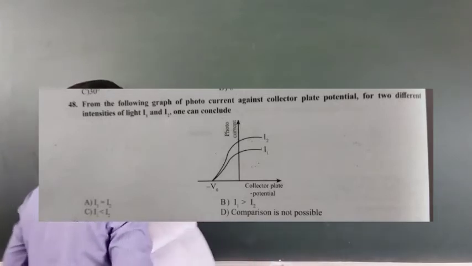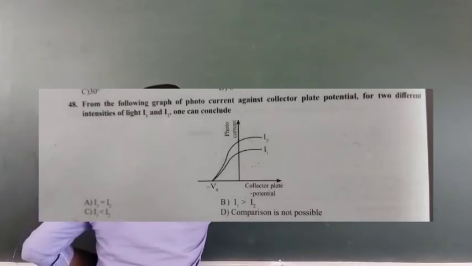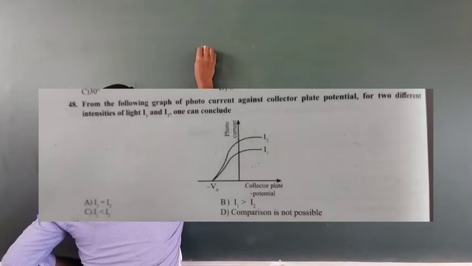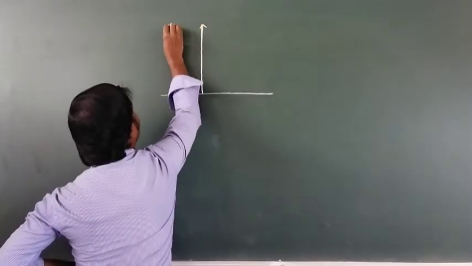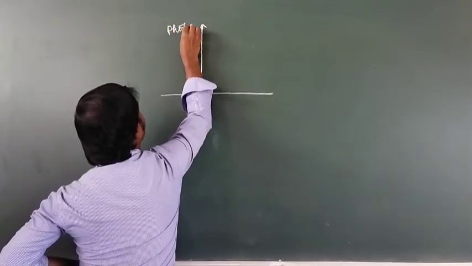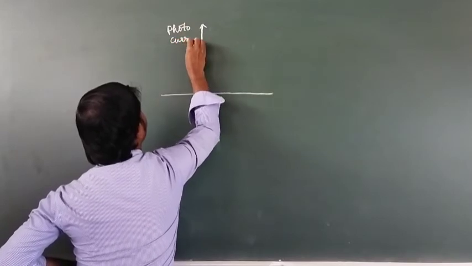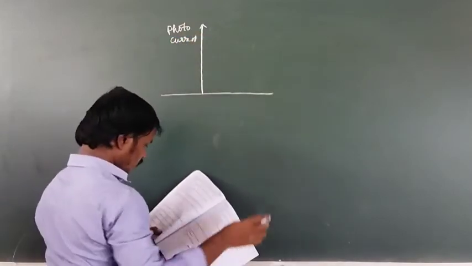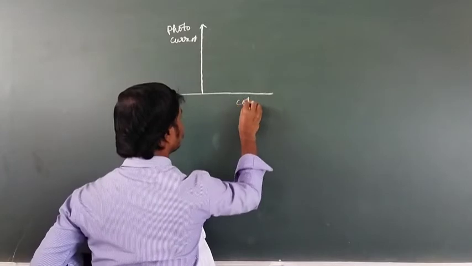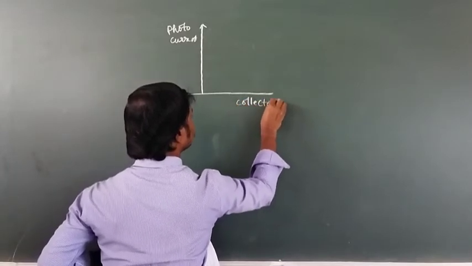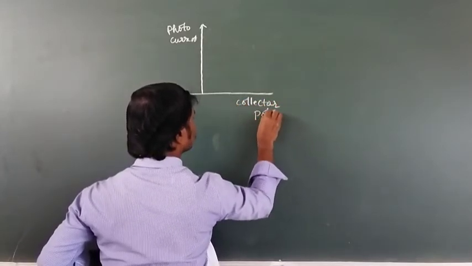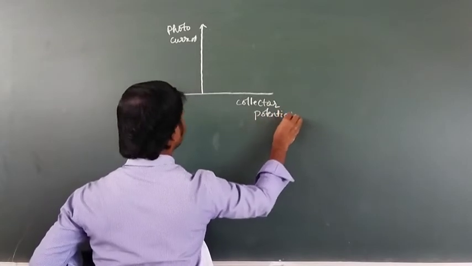What is the graph given? See here, this is the graph. Along y-axis photocurrent and along x-axis collector potential.